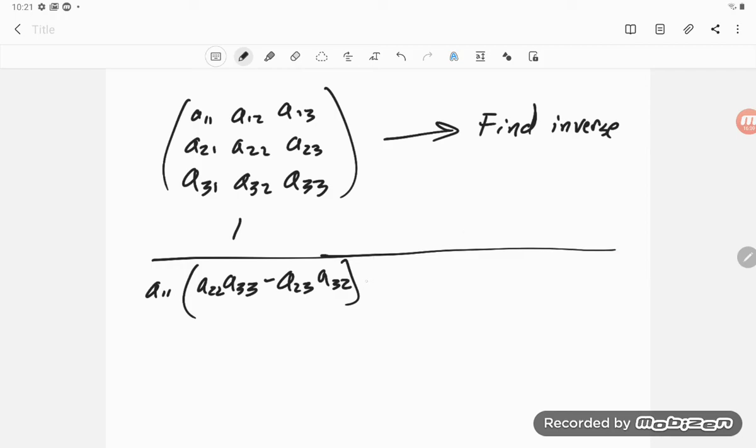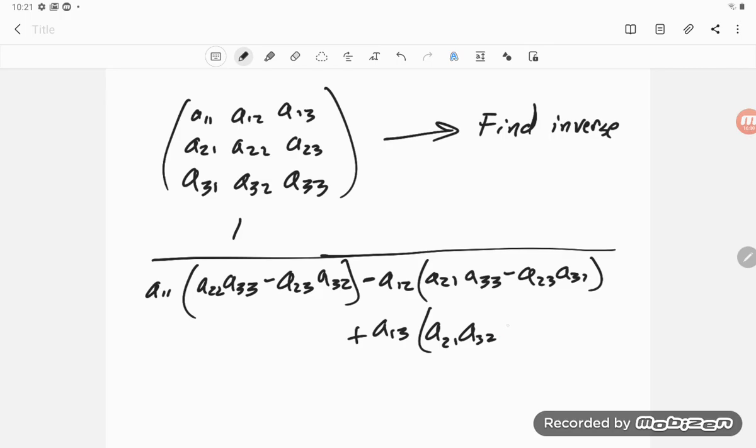And then I'll get minus A12 times A21, A33 minus A23, A31, and then a plus A13 times, what do we have there, A21, A32 minus A22, A31.